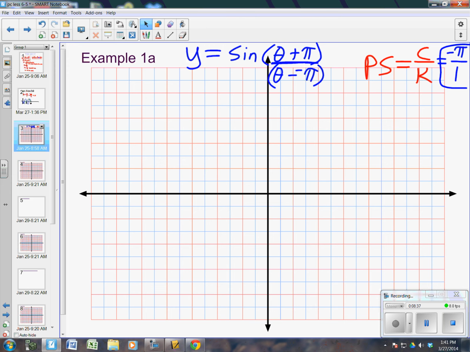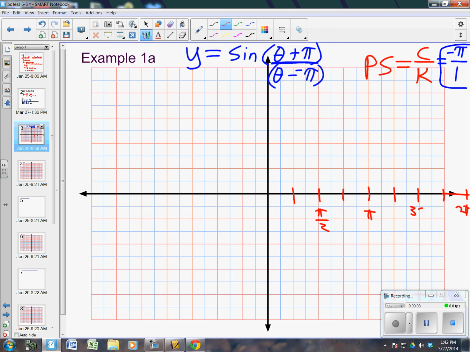We're gonna go every red line right here. And so I'm gonna go out to that, and that's gonna be pi, right? That'll be pi right there, and that's gonna be 2 pi right there. So this is pi halves.